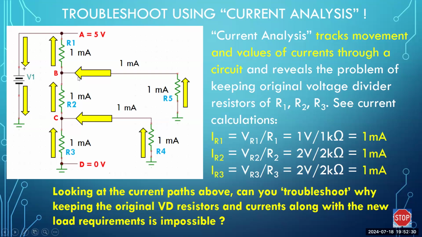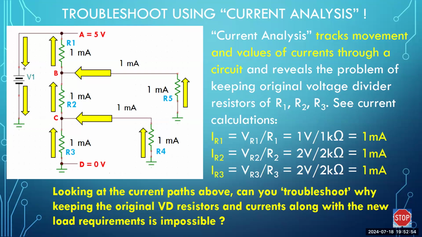I've got the yellow arrows here demonstrating all the different paths for electricity to flow. What current analysis reveals in this particular case is that there's going to be a problem of keeping the original voltage divider resistor values of 1 kilo ohm, 2 kilo ohm, and 2 kilo ohm. So let's take a look at the calculations.